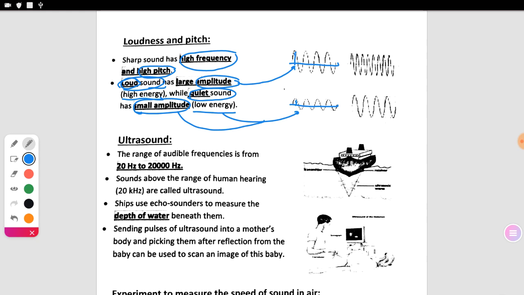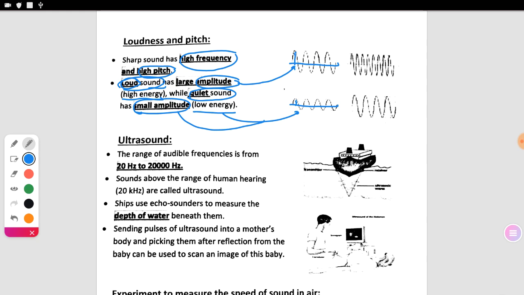A loud sound has large amplitude, high energy, but a quiet sound has small amplitude or low energy. This is the meaning of loudness and pitch.